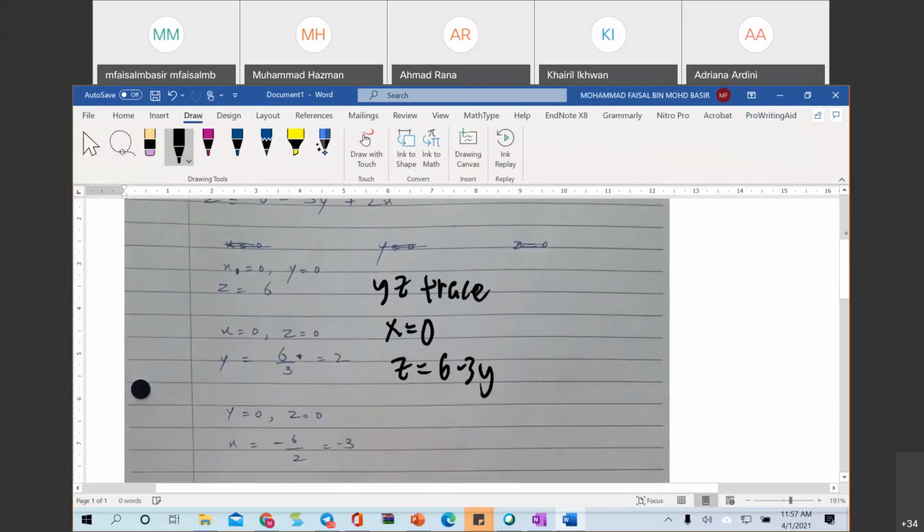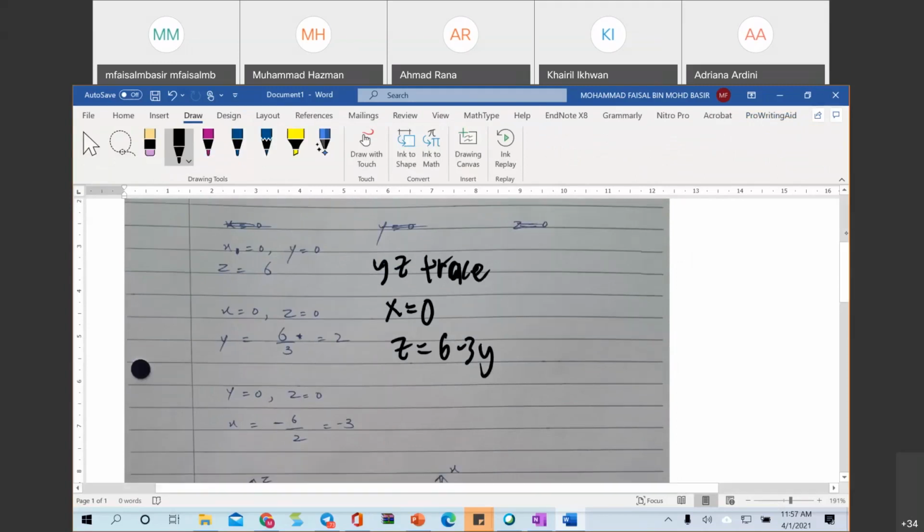So for sure, in every test, final assignment, or quiz, make sure you have the proper steps. So this will be z and y. Z is always vertical. Here you can put when y is 0, z is 6. When z is 0, y will be 2.